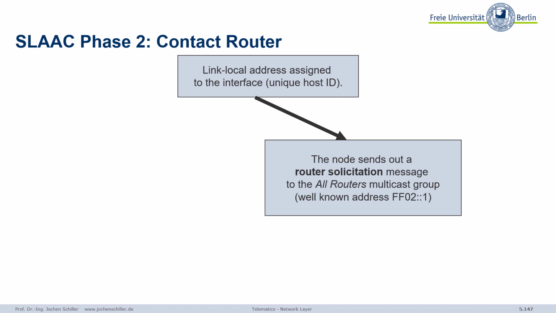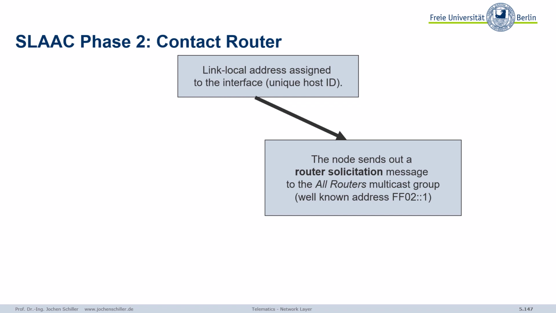It could be the case that we receive a router advertisement anyhow, but we could also send out a router solicitation to all the routers. There again is a well-known address, FF02, many zeros and a 1.